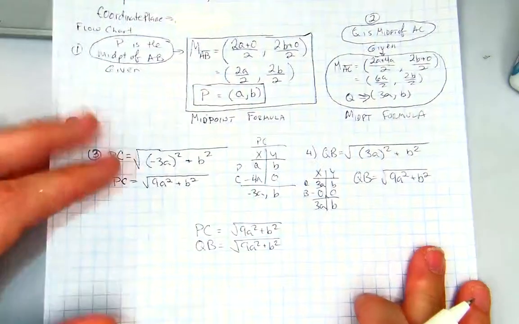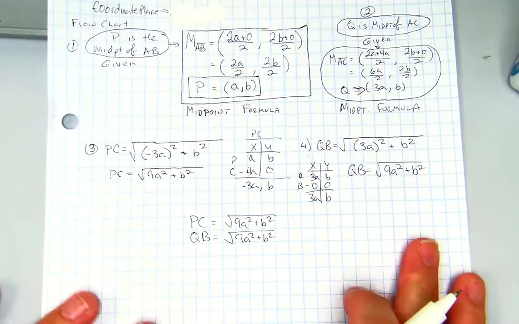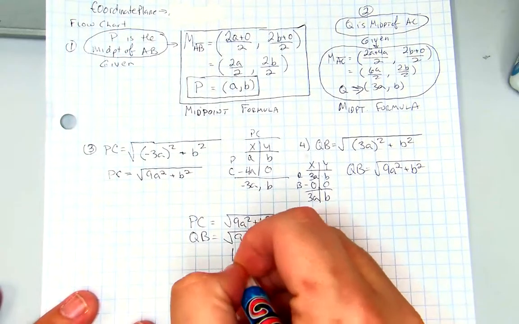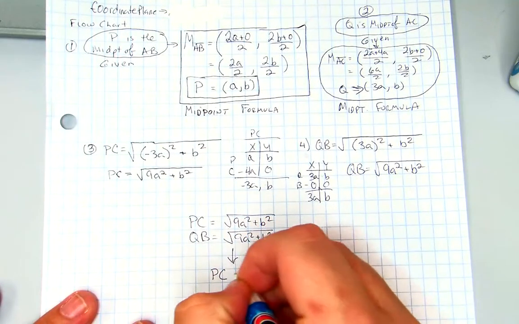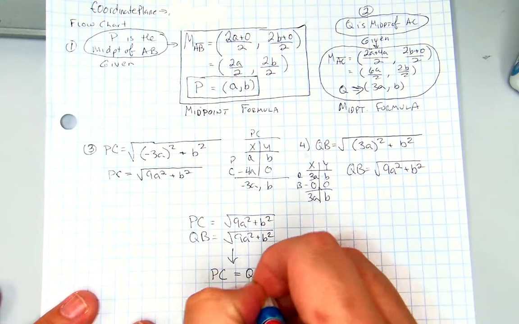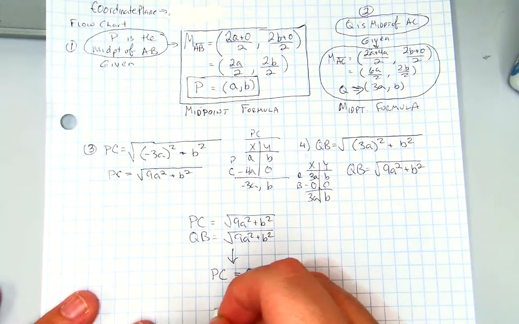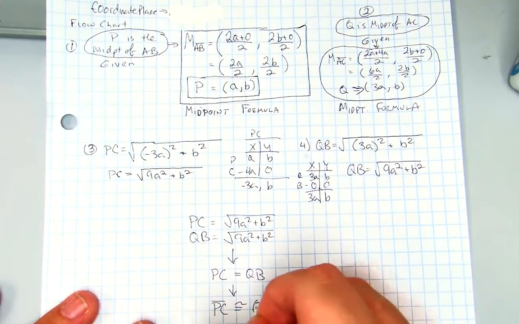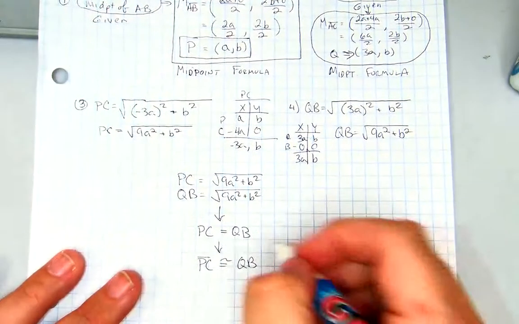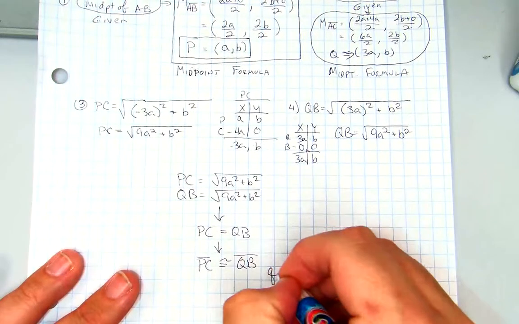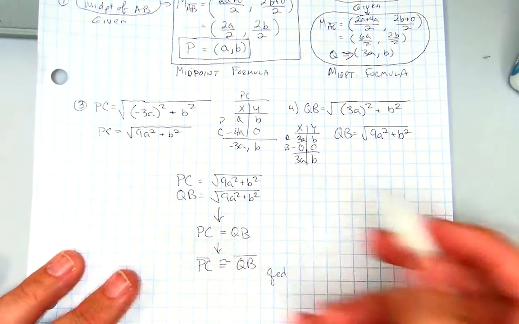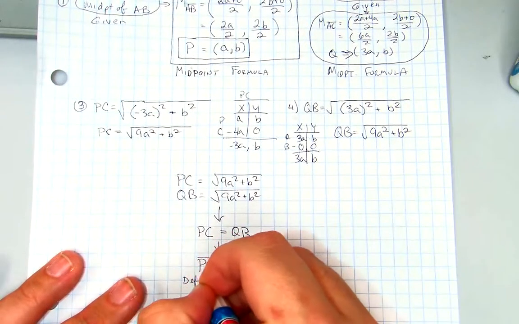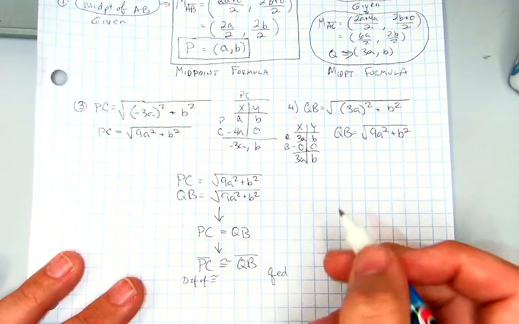They're both equal to the same thing. So I could say that from here, PC is equal to QB, and I could say that PC, the segment, is congruent to QB, which is QED. And reasons, this is the definition of congruency.